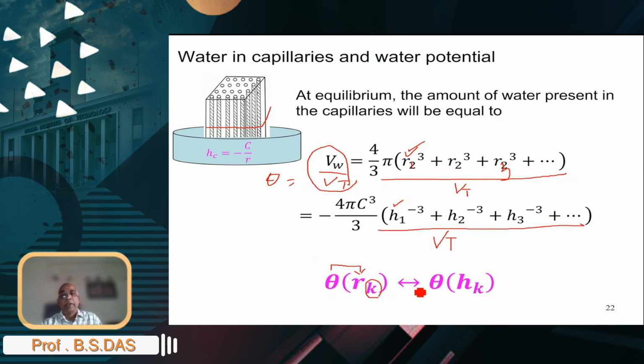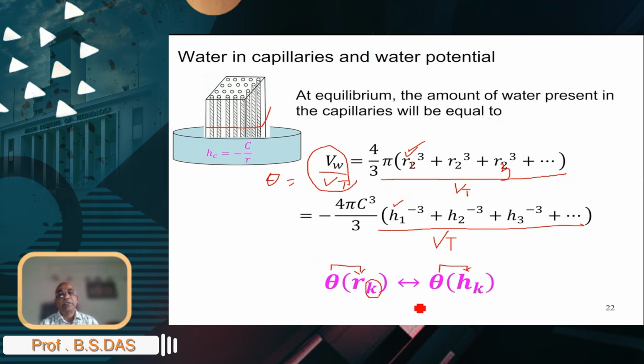And all that is also uniquely related to this matric potential head of water, because this H is the rise of the water inside the capillary tube. It's basically the interaction between the water and the capillary tube, because of the adhesive forces. So that's the interaction term between water and the capillary tube. The capillary tube is basically representing our soil now, so it is the interaction between the soil solid and water.